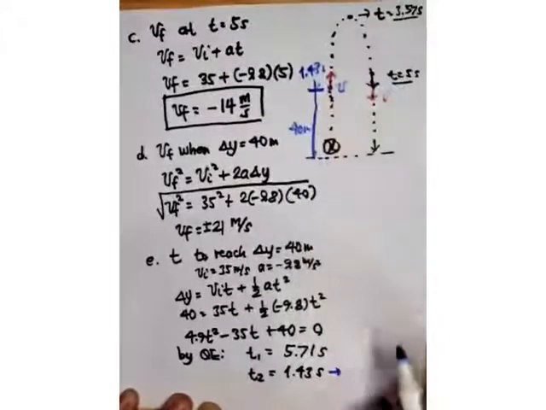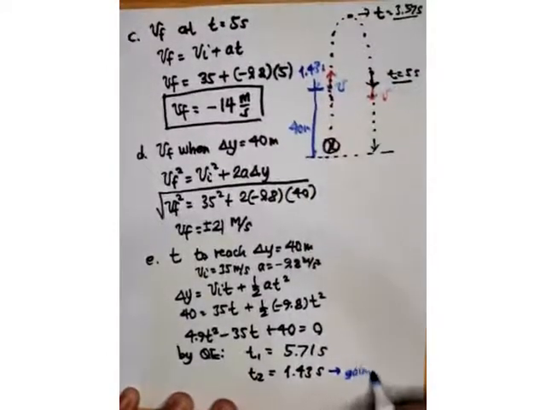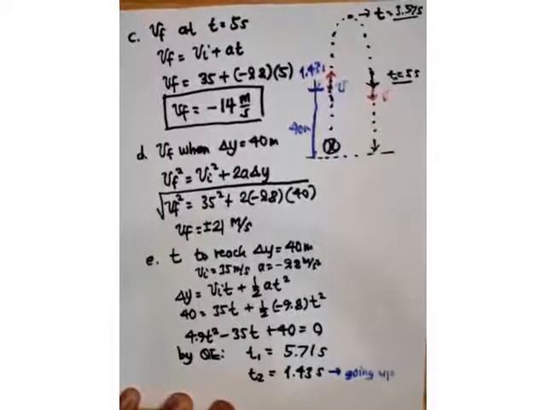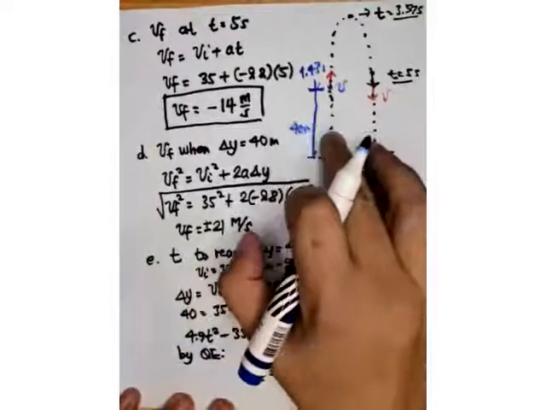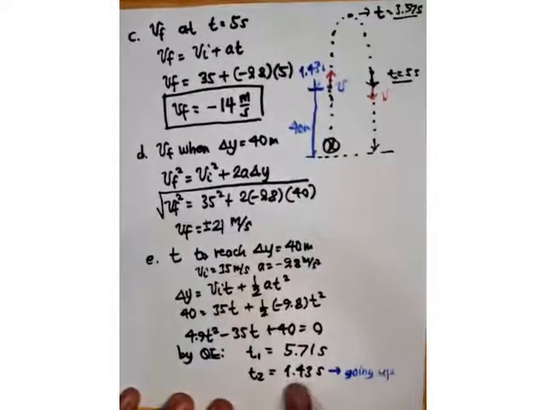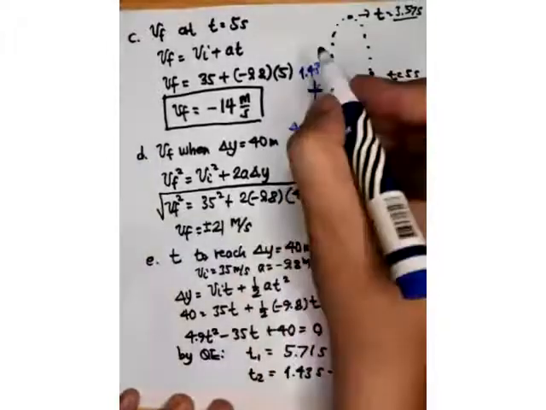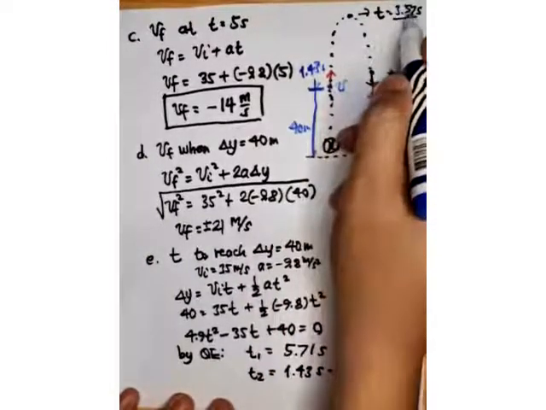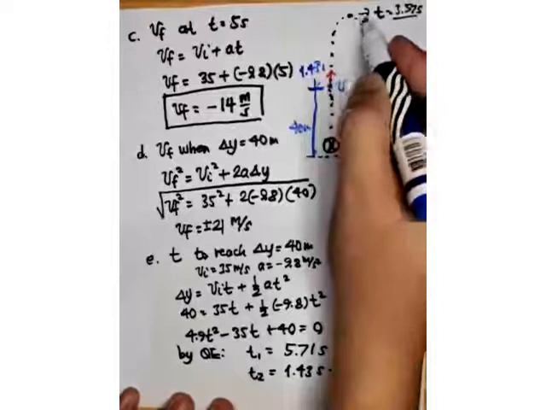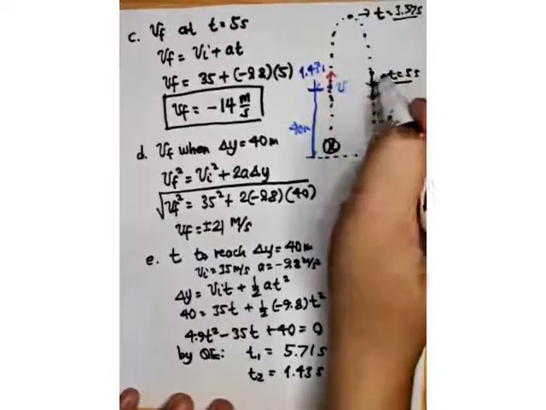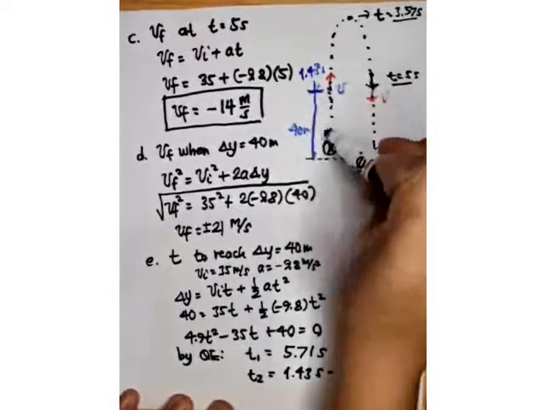So, yung unang, going up, nung pataas siya, nung una niyang dadaanan yung 40 meters, yun yung time na 1.43 seconds. Okay? And then, nung ma-reach yung maximum height niya, that's 3.57 seconds. And then, mag-start na siyang bumaba at pumunta ulit siya sa 40 meters.